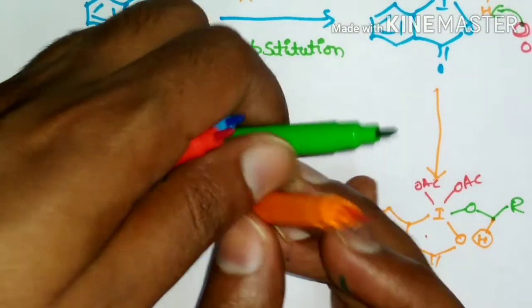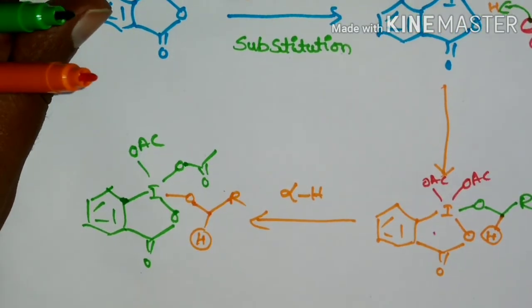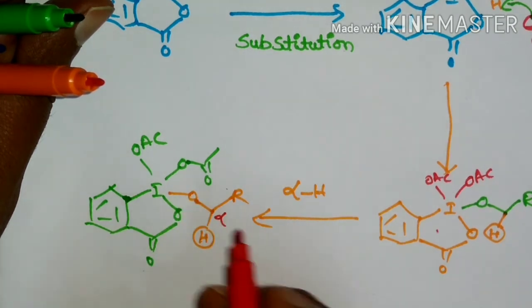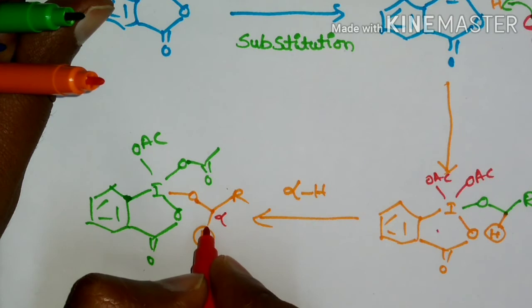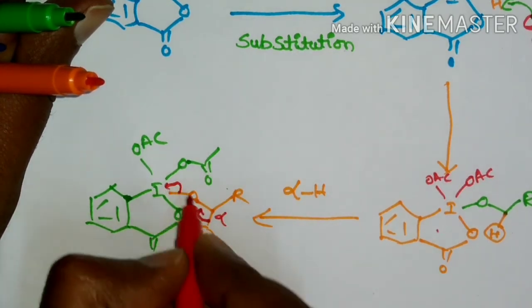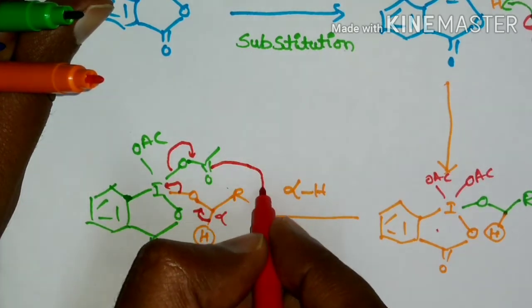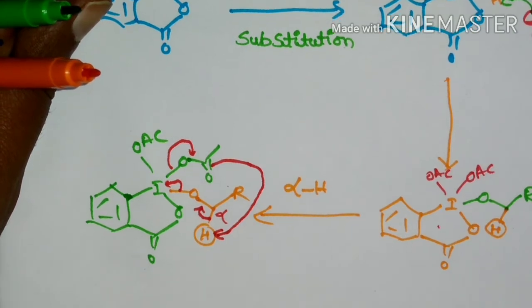There will be intramolecular abstraction of the alpha hydrogen. So this is the alpha carbon. This bond will migrate here, and this is going to migrate, and this is going to abstract this alpha hydrogen. That is intramolecular hydrogen abstraction.